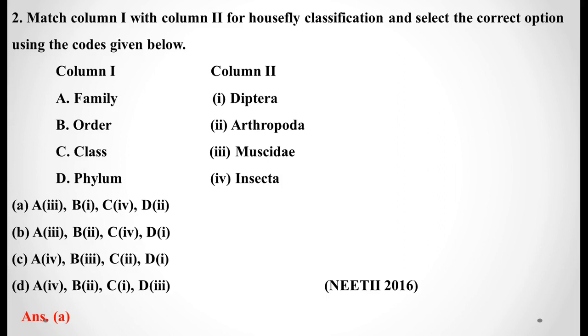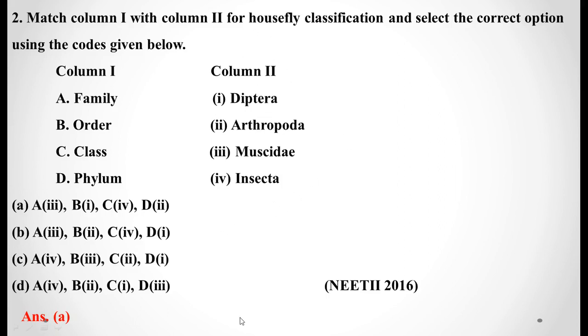And Arthropoda, because arthro means jointed and poda means legs. So insects have jointed legs, body division into head, thorax and abdomen, and it has Diptera, paired wings, present in houseflies. That's why.